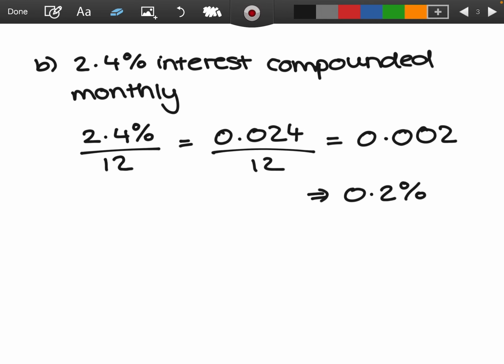I'm going to go back to a previous example in order to show how you would do this. So let's go back to our example here. I've got a 2.4% interest rate compounded monthly. The question is, let's say I had $100 principal value in my account. So I've got $100 that I put into my account. I want to know at month 7 how much is in my account.